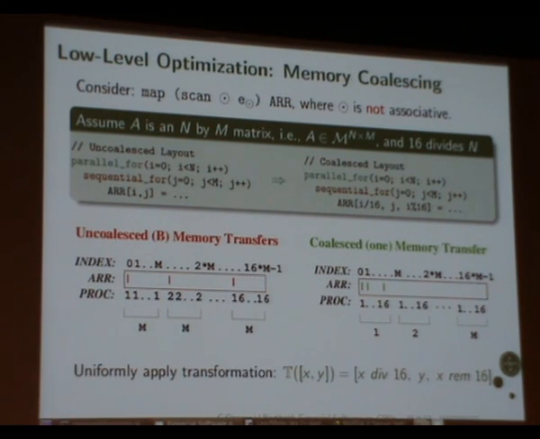And the problem here is that each core, right, will access the inner vector of this array. So each consecutive core will access memory locations which are apart by m elements, meaning that, for example, when such a data transfer occurs, then you need 16 independent data transfers to bring the data to the processors.